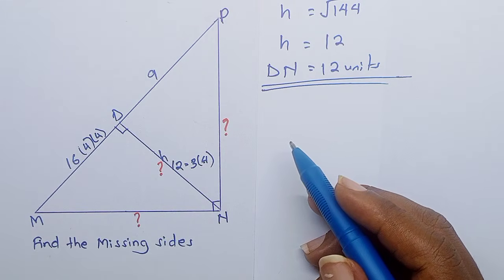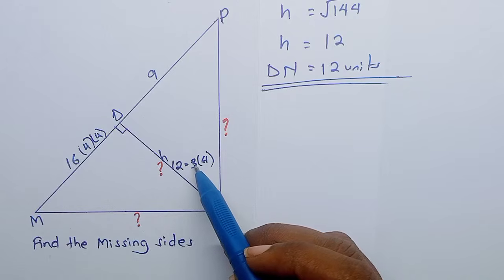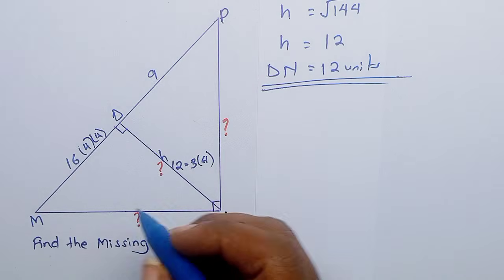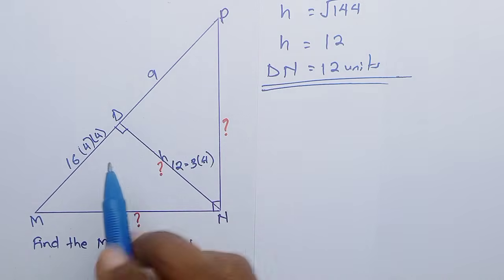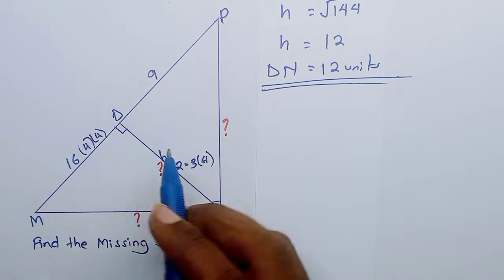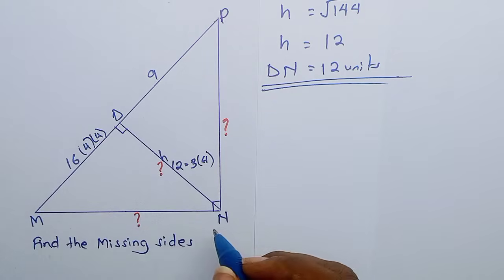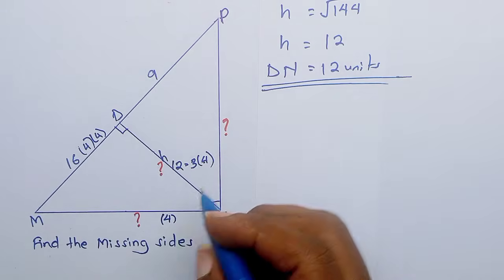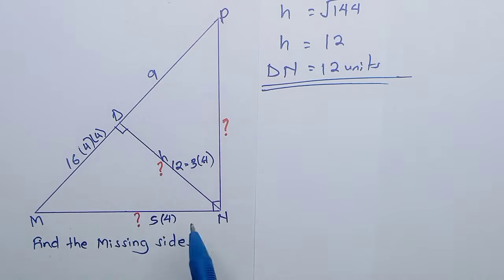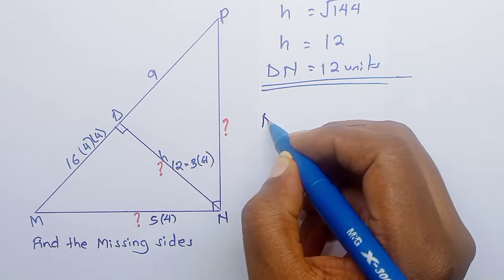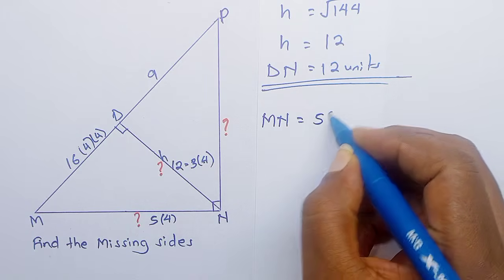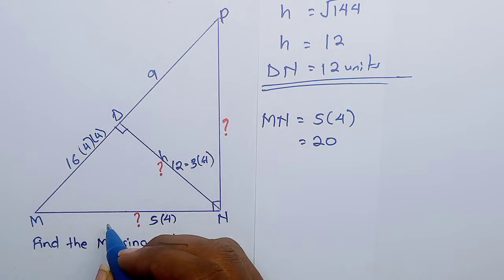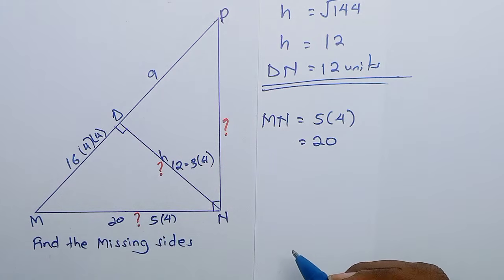From Pythagorean triples, we can conclude that this is a 3, 4, 5 triangle, because it's the closest to that in the Pythagorean triples. So since now the common multiple is 4, that means that also this side MN will have a 4, which is common. So it's a 3, 4, 5. So it will be 5 by 4. So MN is 5 times 4, which is 20. Therefore, side MN is 20 units.